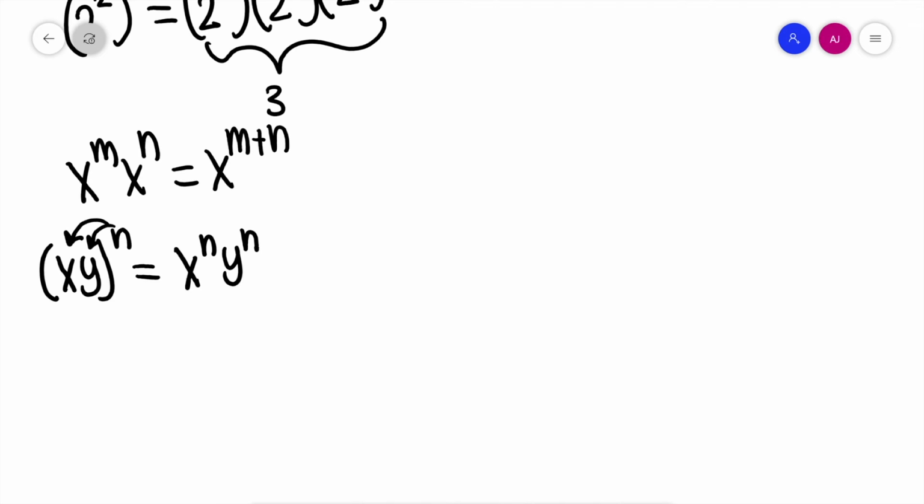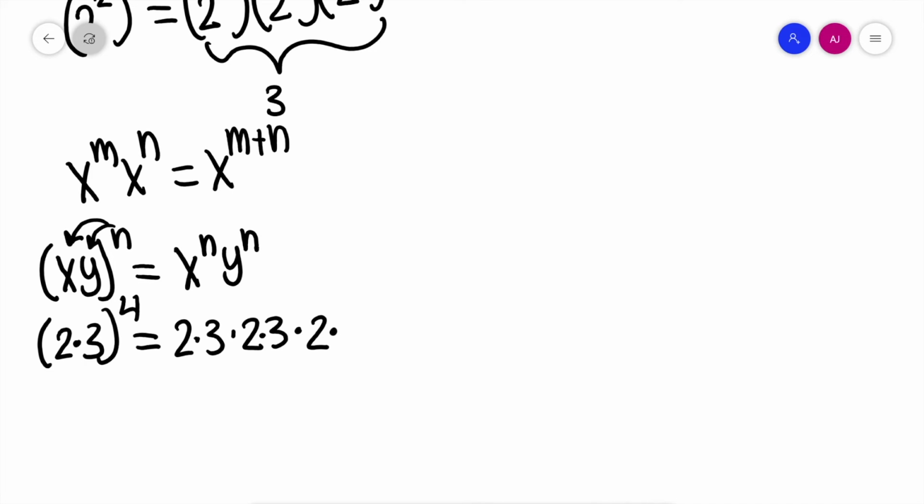And one way to see how this works is with an example. If you have 2 times 3, all raised to 4, what this means, using the definition of an exponent, is 2 times 3 times 2 times 3 times 2 times 3 times 2 times 3.